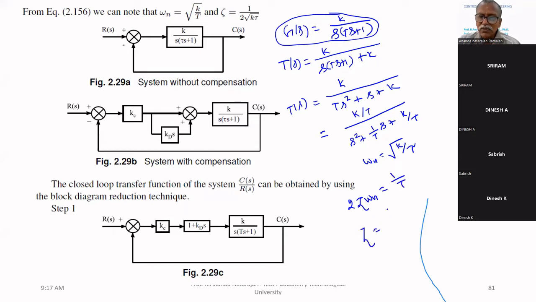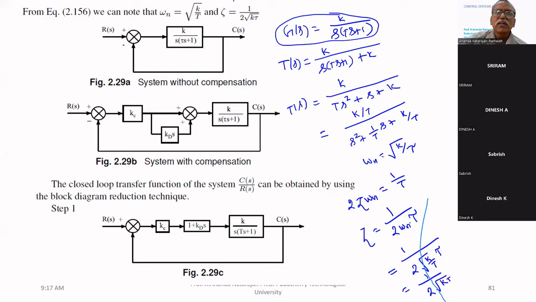Therefore, zeta equal to 1 by 2 omega n tau. That is equal to 1 by 2 root K by tau multiplied by tau, that is equal to 1 by 2 root K tau. Zeta equal to 1 by 2 root K tau.